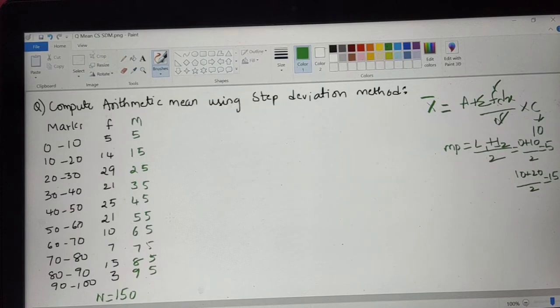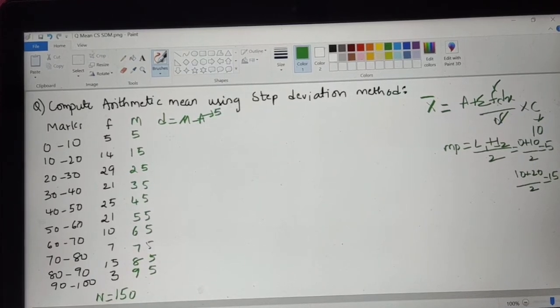Now they are asking you to find dx. We discussed d equals m minus a. Whenever it is a continuous series, it becomes m minus a. I am going to assume my a from the midpoints. I will assume the smallest number to avoid any negative signs.